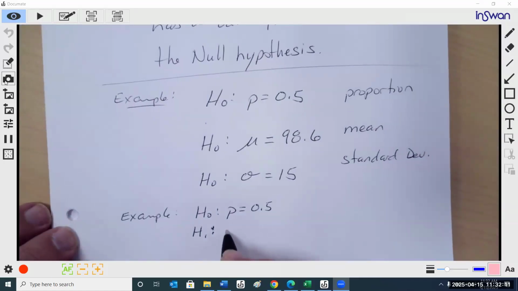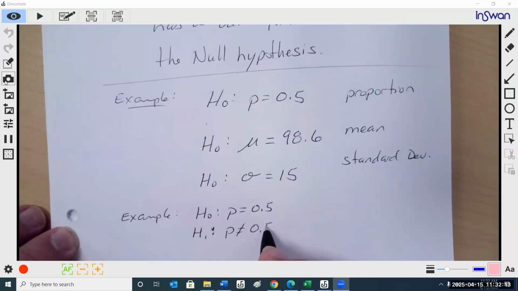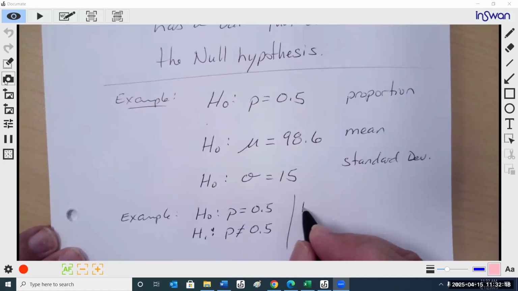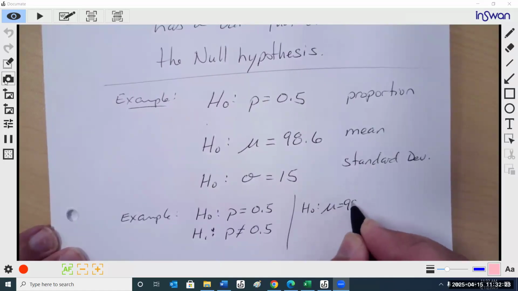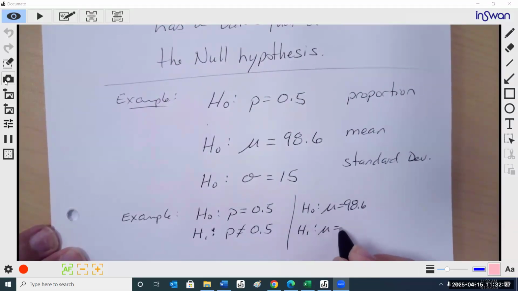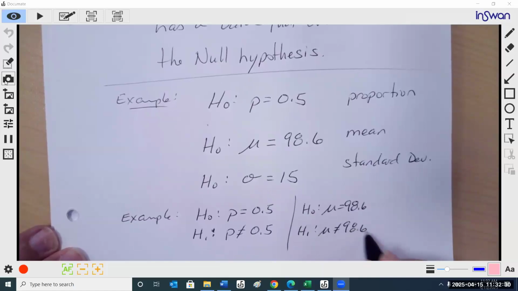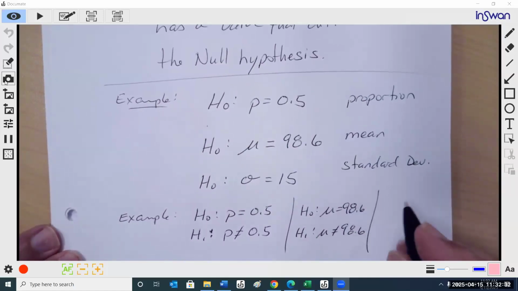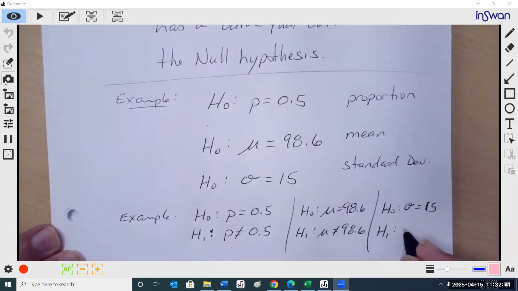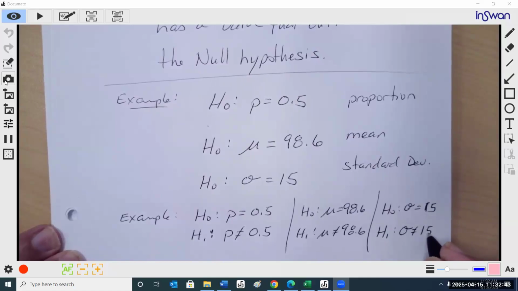So if that's equal, then we can say this is not equal. Same with the rest of them. If the mu is 98.6, then the alternate hypothesis would be the mu does not equal 98.6. And the standard deviation equals 15, so the alternate would be does not equal 15.